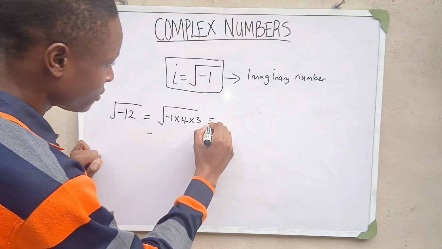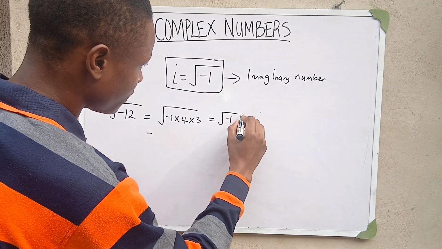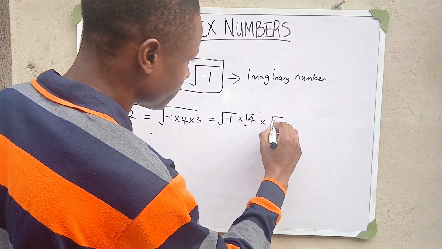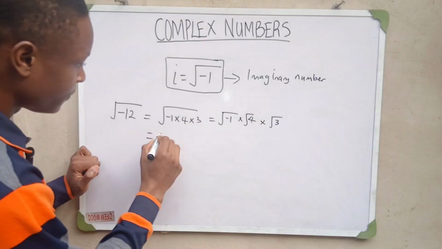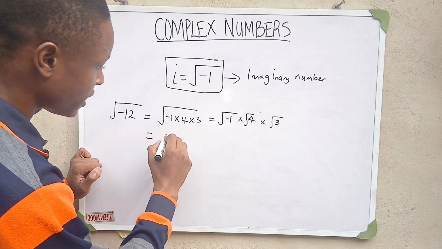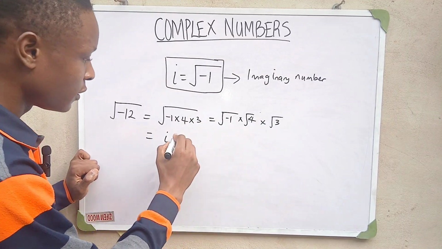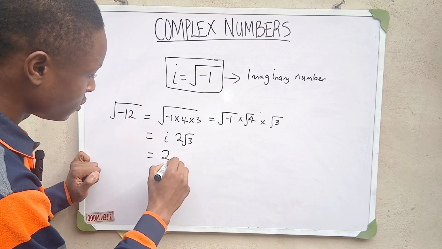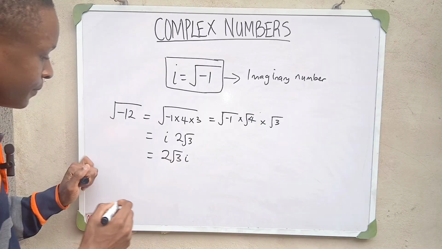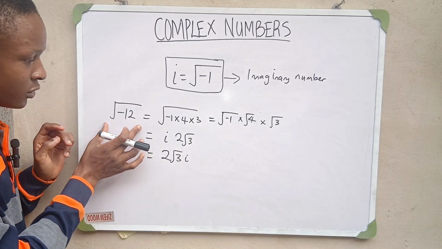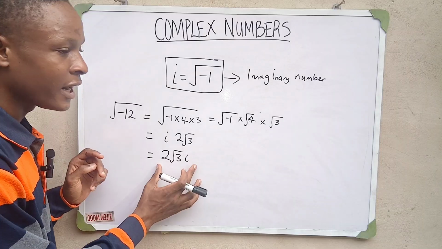So that is equal to square root of minus 1 times square root of 4 times square root of 3, which is, square root of minus 1 is i, square root of 4 is 2, and we have square root of 3. So this is 2 square root of 3 i. This is the simplified version of square root of minus 12 in terms of i.